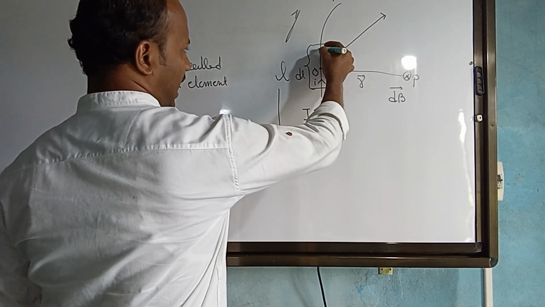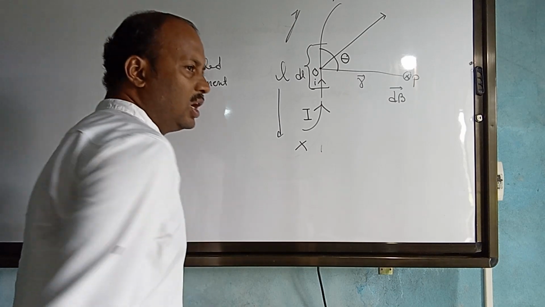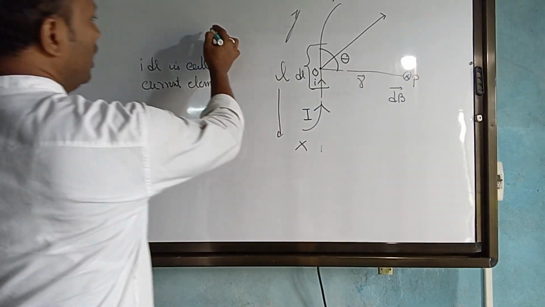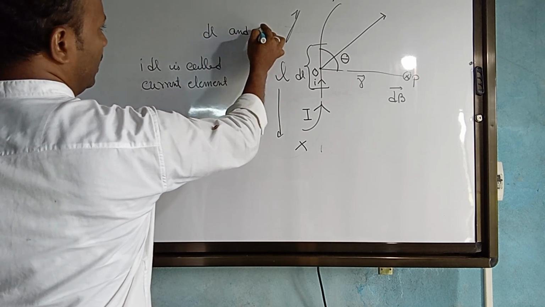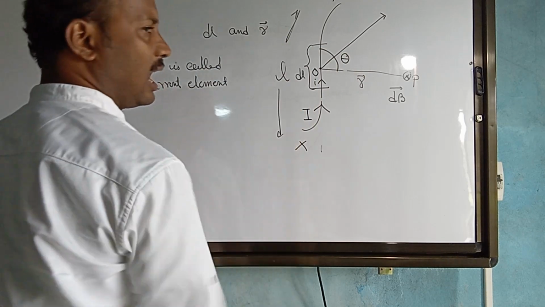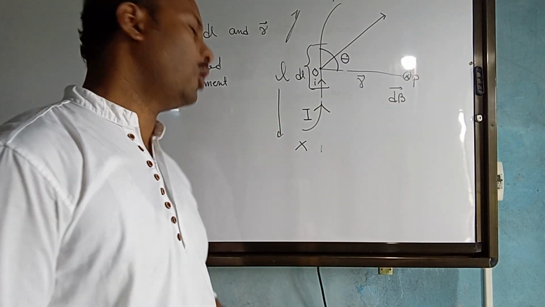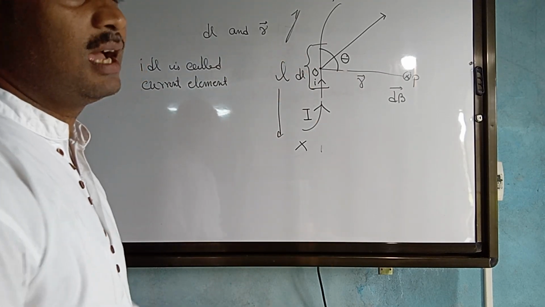That angle is denoted by theta. So theta is formed between what? Between dl and the position vector r.